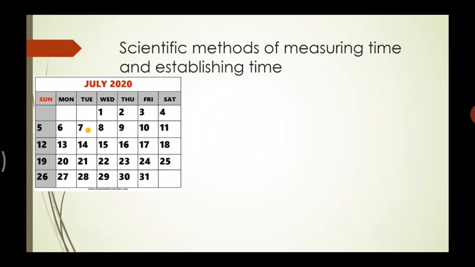Now when we talk about this date, we are talking about the day. It helps us to identify the date as well as the earlier date. Now, what was the earlier date? If today is 7th, what will be the earlier date? 6th, right? And the next day will be 8th.